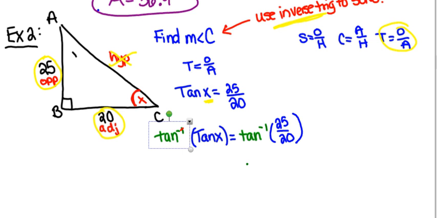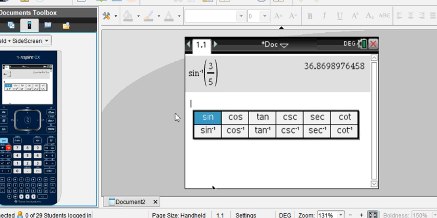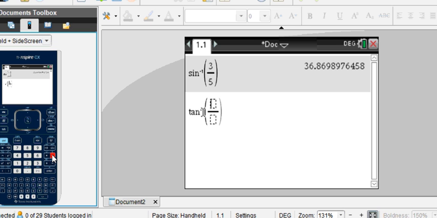So again, my inverse tangent and my tangent cancel each other out, and I'm left with x. And on the right side, I've got inverse tangent of 25 over 20. So I'm going to go to my calculator and enter inverse tangent of the fraction 25 over 20. And I find that the measure of that angle is about 51.3 degrees.